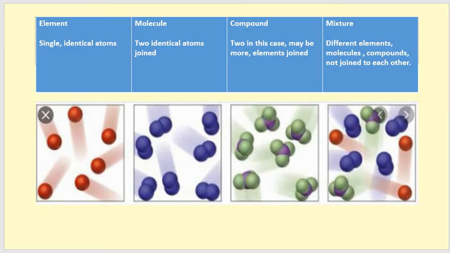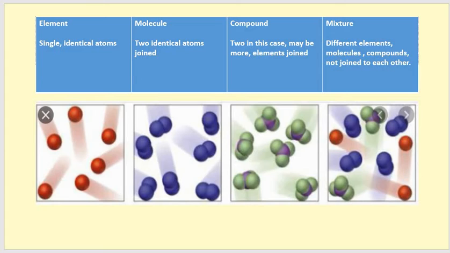Third one along, it's also a molecule, but this time you've got 2 different colours. You've got 3 green atoms and 1 blue atom. As they're different atoms from different elements shown by the different colours, it is called a compound.